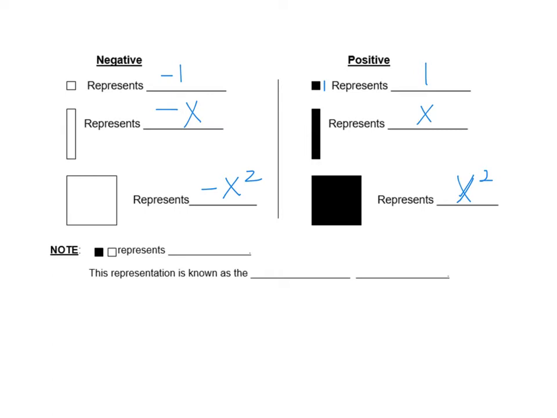And if you notice, this little square has the same width as the rectangle here, so you could think of that as having a width of 1. Then we don't know the length of the rectangle, so we would say that is x. We don't know it, and 1 times x gives us an area of x.